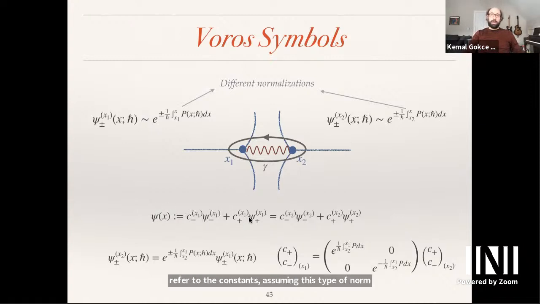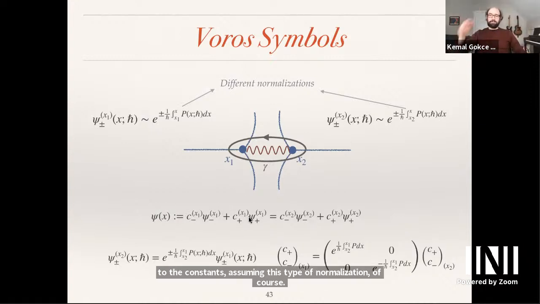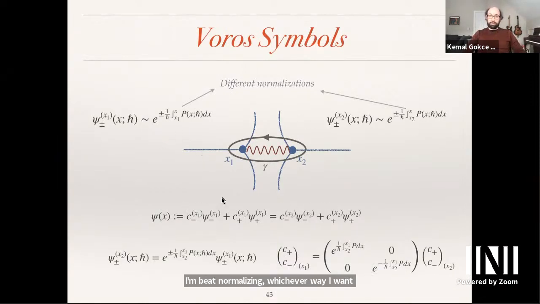Of course, I'm free to normalize in whichever way I want, and these two different normalizations are actually related to each other, right? So if I choose to normalize at x1 instead of x2, then these constants are going to reshuffle and will be related in the following way, right?